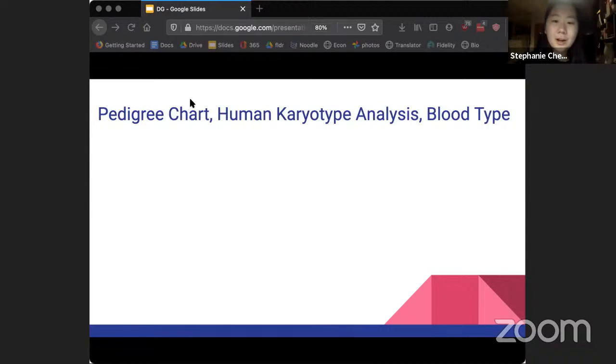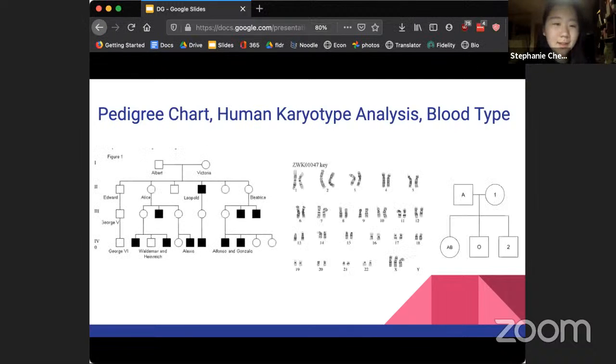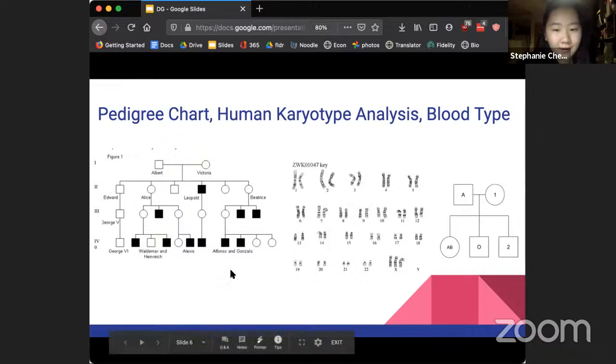I'm just going to briefly talk about pedigree charts, human karyotype analysis, and blood types, because these most of the time show up on the tests, but are really brief. So this is a pedigree chart. It's of the royal family.